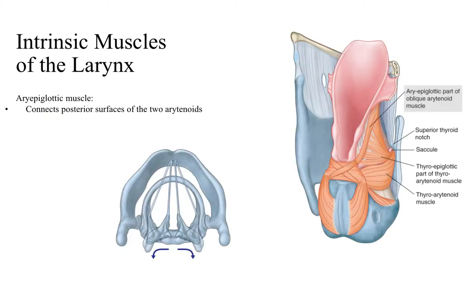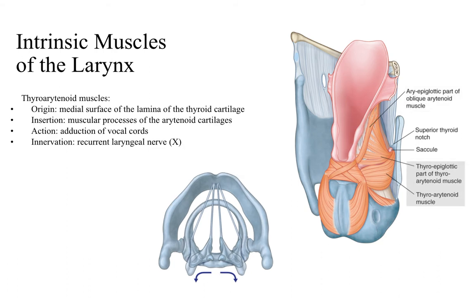The aryepiglottic muscle goes from the arytenoid processes in the back to the epiglottis, and it's going to work with other muscles to act as a sphincter to close the larynx when we swallow or when we cough. The thyroarytenoid muscles here go from the thyroid cartilage to the posterior surface of the arytenoid cartilage.